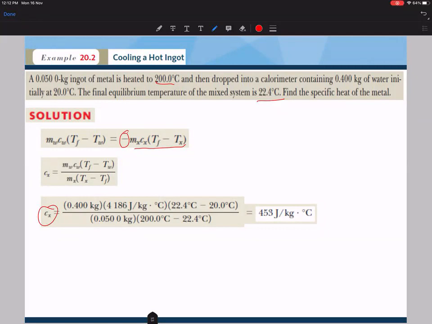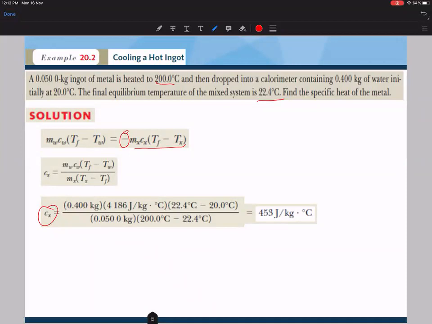If you are not dropping the ingot of metal into water, but dropping the water directly on the metal, you will see the water start to boil, and then it turns into steam. So there is a process in which you are changing the phase of the material from one form into another, say from water into steam.